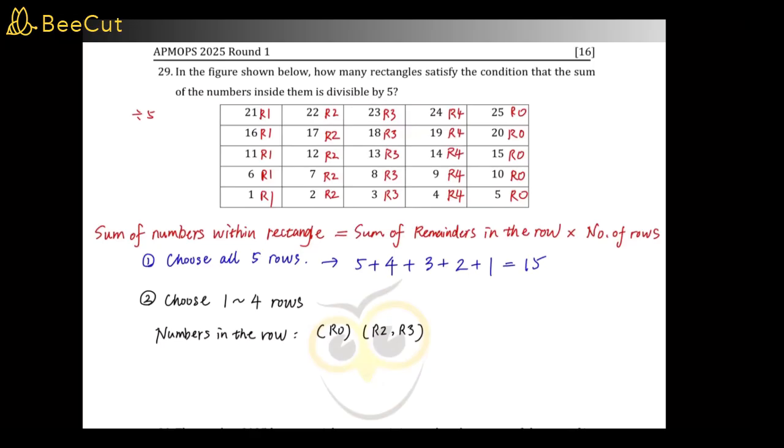Choosing three columns it can never be divisible by 5. And you can choose four columns, the first four, R1, R2, R3, R4. Lastly, you can choose all 5, which is also divisible by 5.